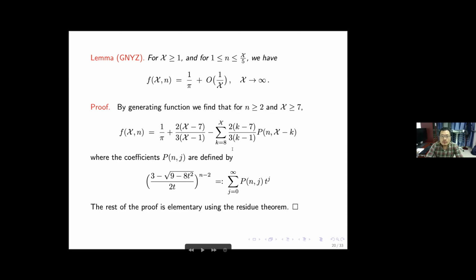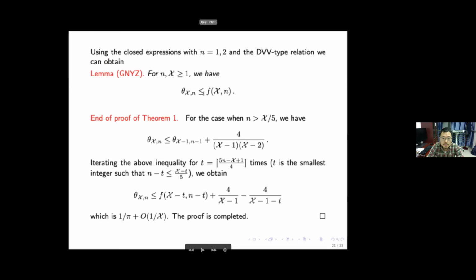Then to analyze this f chi n, we just use the residue theorem to estimate the Taylor coefficients, to get this uniform asymptotics.